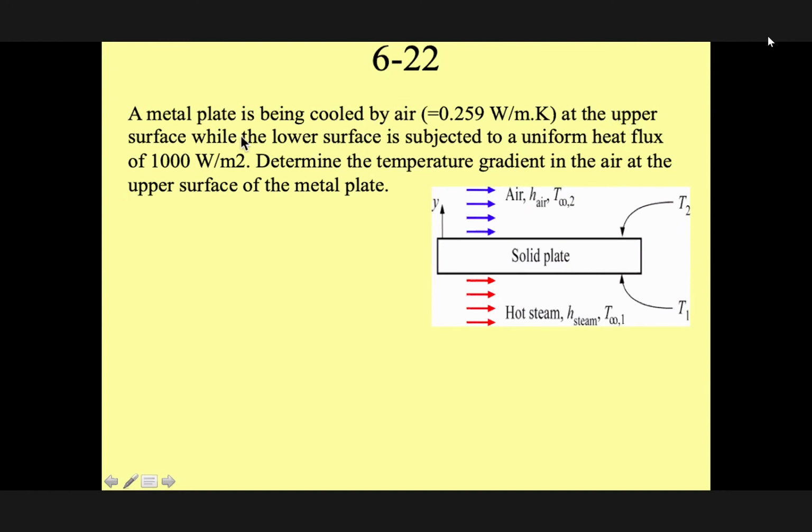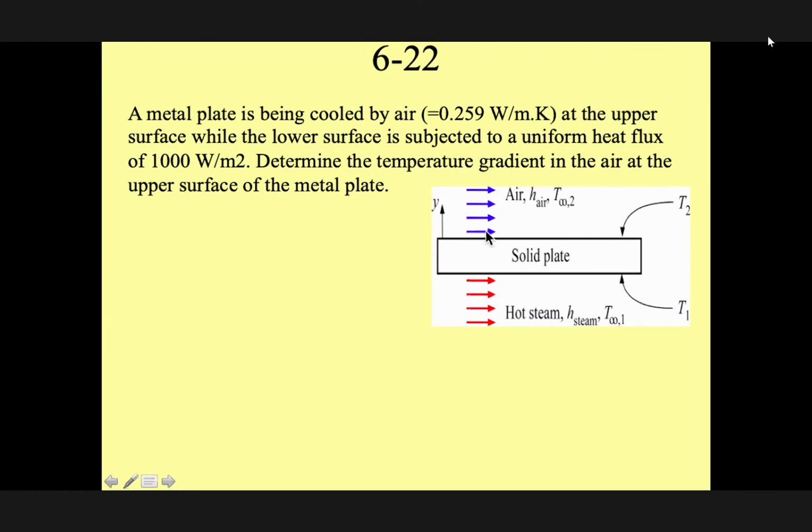At the upper surface wall and the lower surface is a uniform heat flux of 1000 watts. Therefore, here the steam comes and provides a uniform heat flux. Therefore, we're not dealing with convection here. We have a uniform heat flux going to the plate. Determine the temperature gradient in the air.